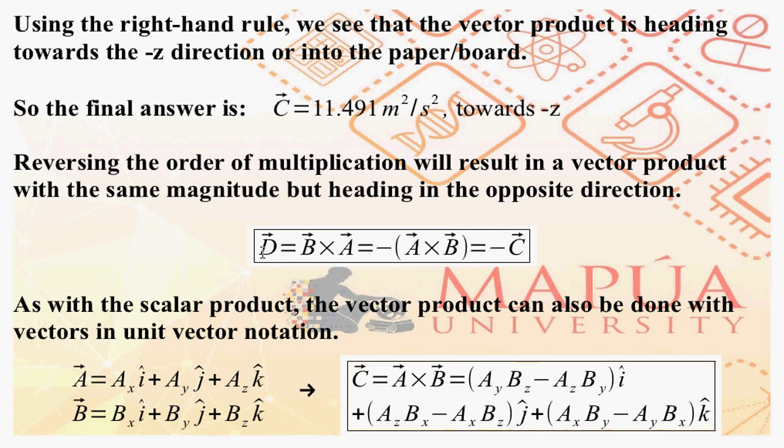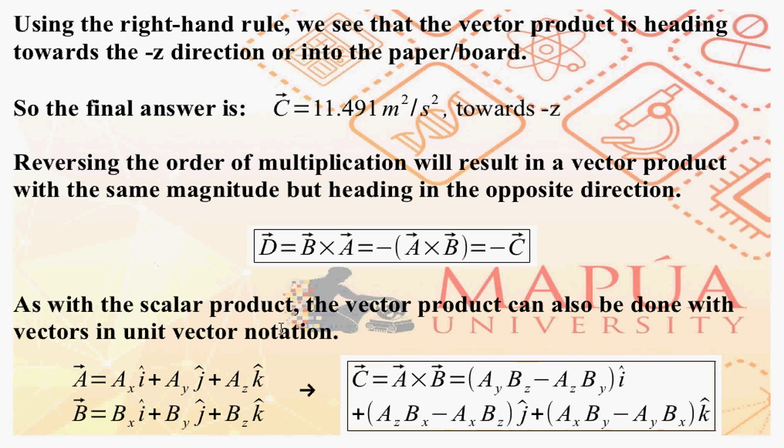So, if vector D is B cross A and vector C is A cross B, B cross A is the reverse order of A cross B. So, B cross A is equal to the negative of A cross B. For the negative of a vector, the magnitude will be the same, but the direction will be reversed, in the opposite direction. So that means if D is equal to B cross A, and C is equal to A cross B, D is equal to negative C.